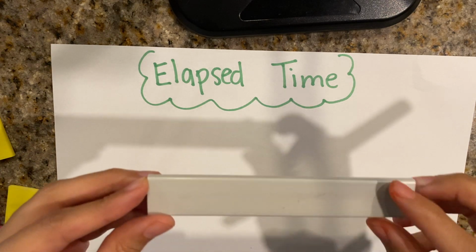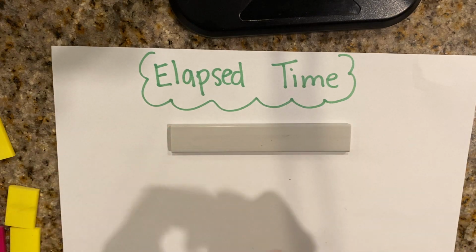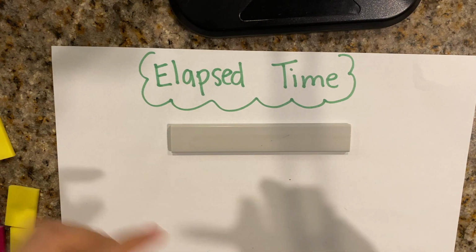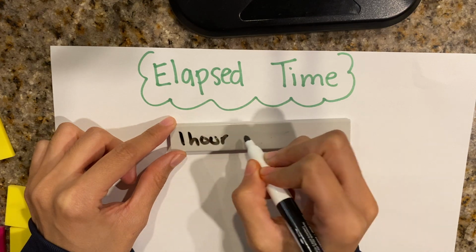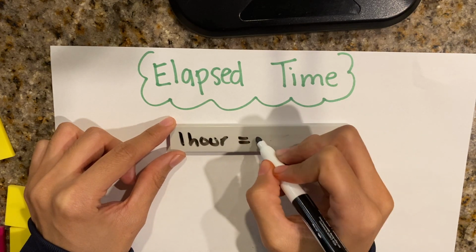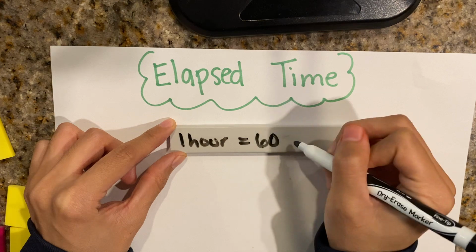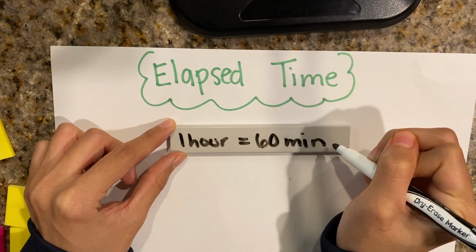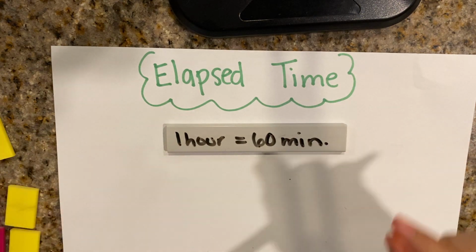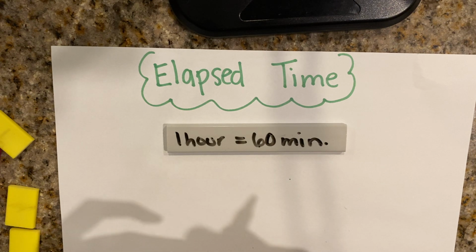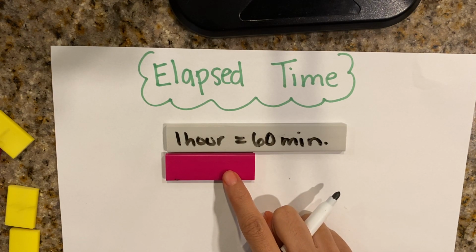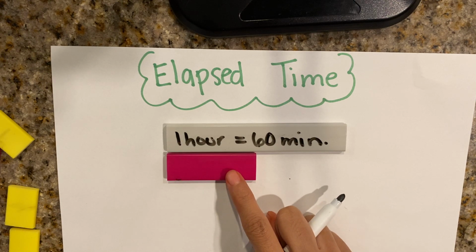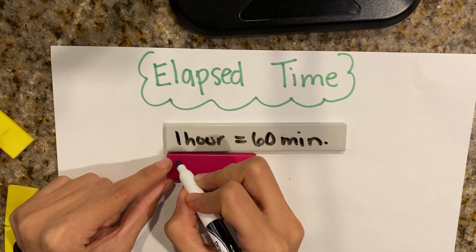Now, we know that 1 hour is equal to 60 minutes. We know that half an hour, so if you guys see, you can use fractions again. Half is exactly 1/2.